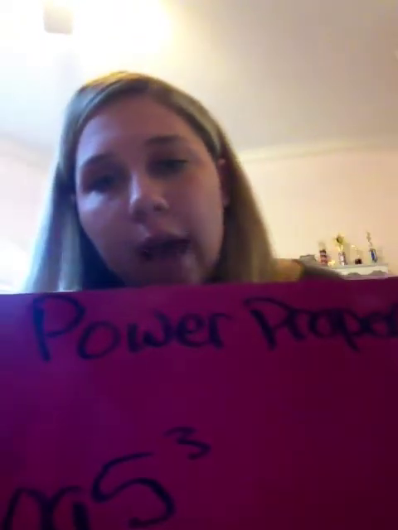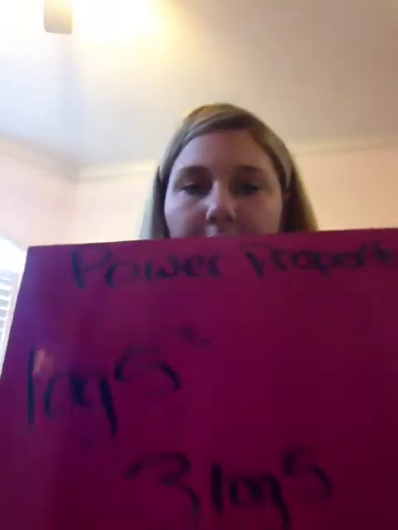Okay, so it looks like that. So power property, log 5 to the third. What you get when you use power property is you end up writing it with the power in front of the log. So you have 3 log 5. Just like that.